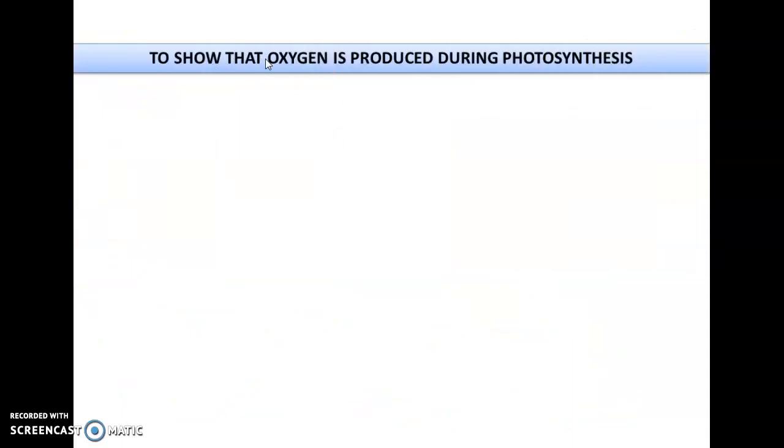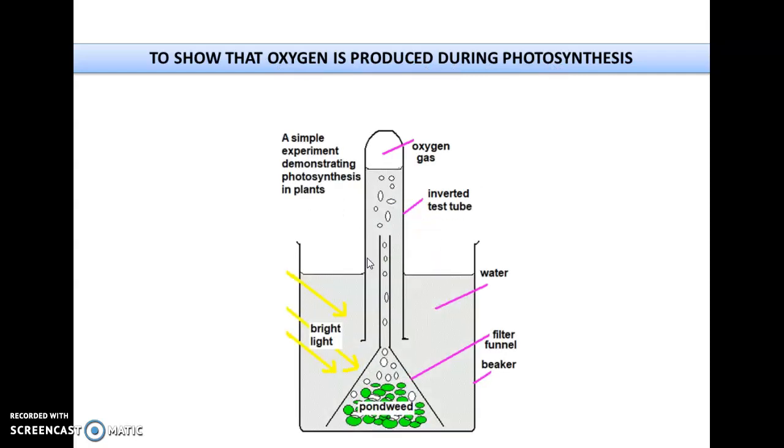To show that oxygen is produced during photosynthesis, here is a setup for performing the process called photosynthesis. This setup contains a beaker, an inverted funnel and an inverted test tube, which is filled with water and a pond weed. This experiment is generally performed in the presence of sunlight. Right?